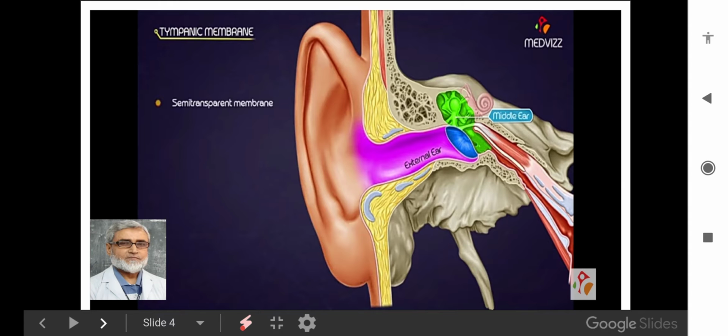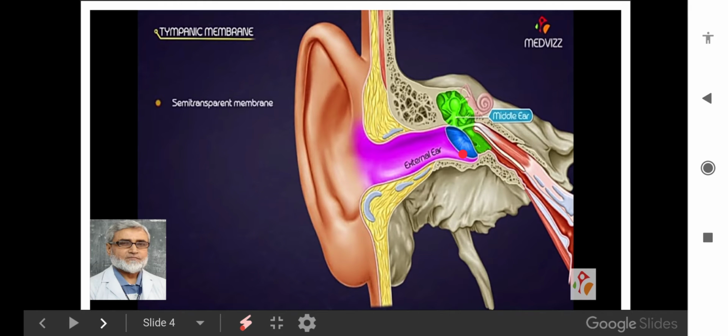Just see here. This is your pinna, the auricle, and this color is the external ear and external auditory meatus. You can see a disc-like green disc here.